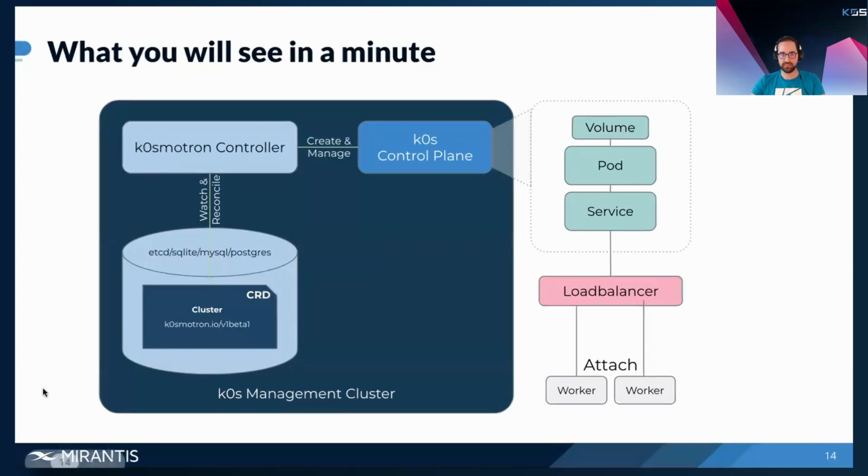So let's get started. First of all, to make it a bit easier for me to show you all of that, I've created this management cluster already. So this management cluster is a k0s cluster running in AWS. But what I will do at the end of this session or today is upload all the necessary files to create this k0s management cluster.